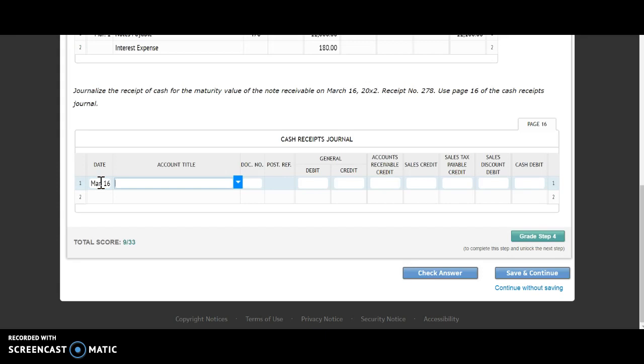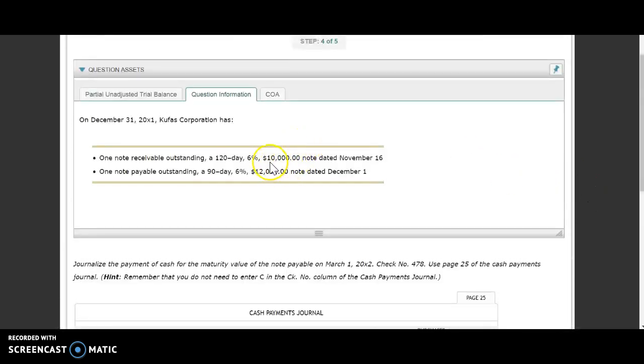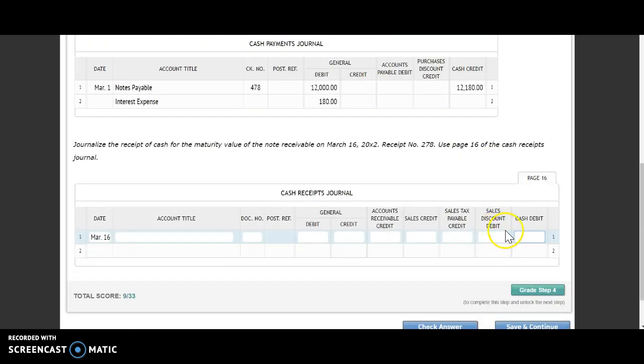Okay, I'm receiving cash, so I'm going to debit cash. Now I'm going to receive the principal amount, 10,000, plus the interest, which we figured out to be 200. So that means my cash debit is going to be 10,200. My credit, I'm going to need to credit notes receivable for the principal amount of the note, which was 10,000.